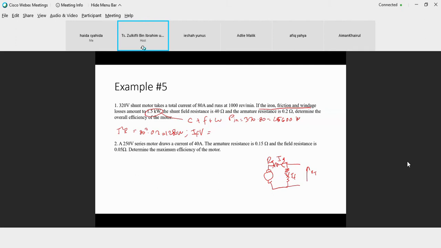You don't know your IF. So basically we can find the IF by IF equals V divided by RF. So your V is 320 divided by the field resistance, which is 40. So 320 divided by 40, so you'll get about 8 ampere.